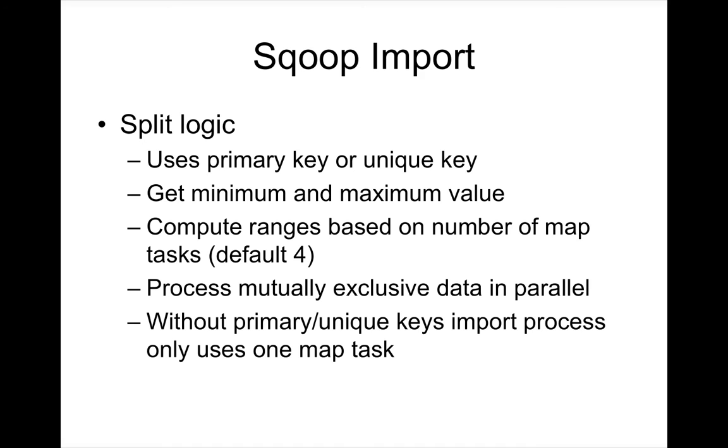So like that it will divide into buckets. The first where condition will be 1 to 250, the second where condition will be 251 to 500, the third where condition will be 501 to 750, and the fourth condition will be 751 to 1000.